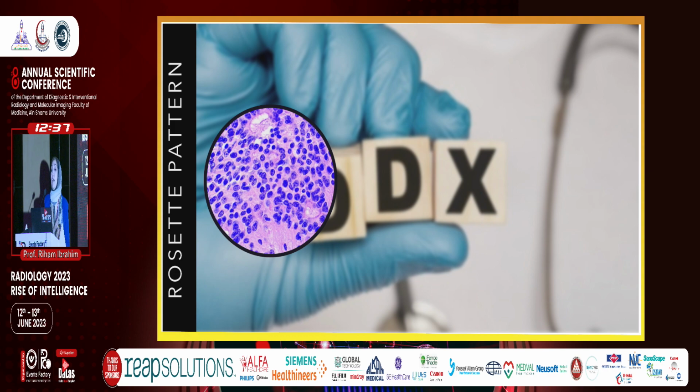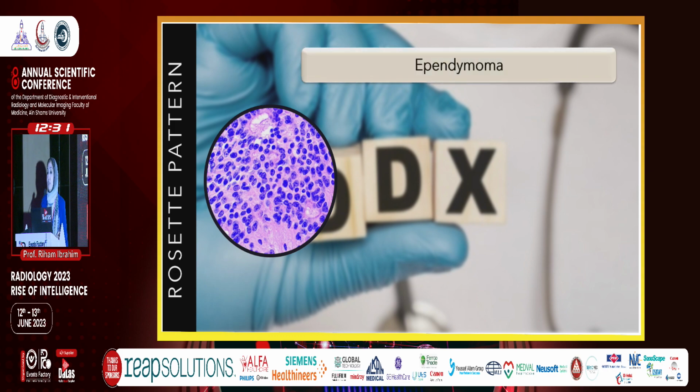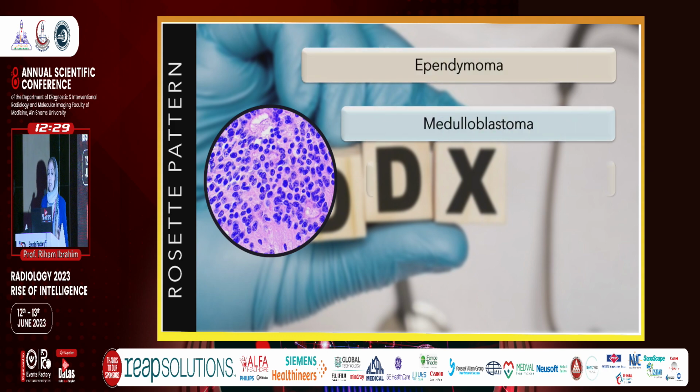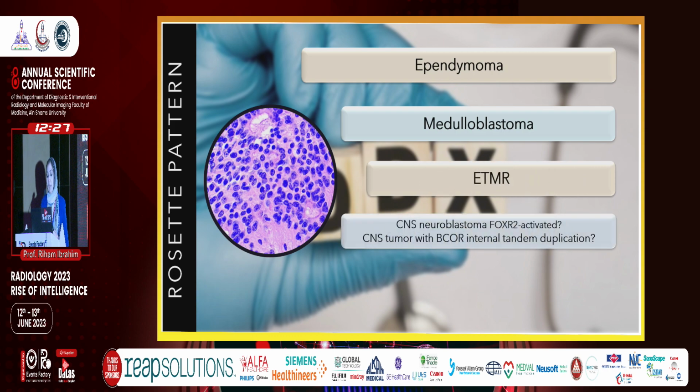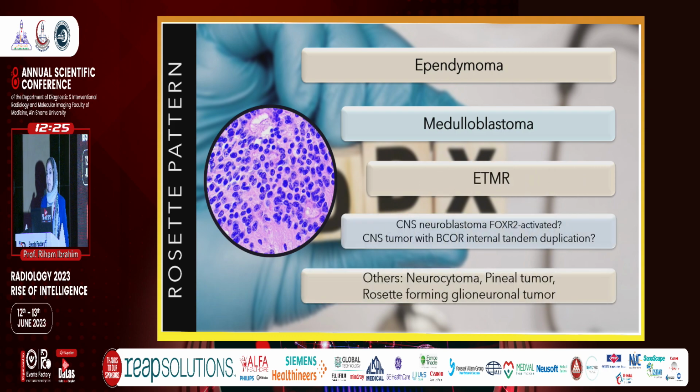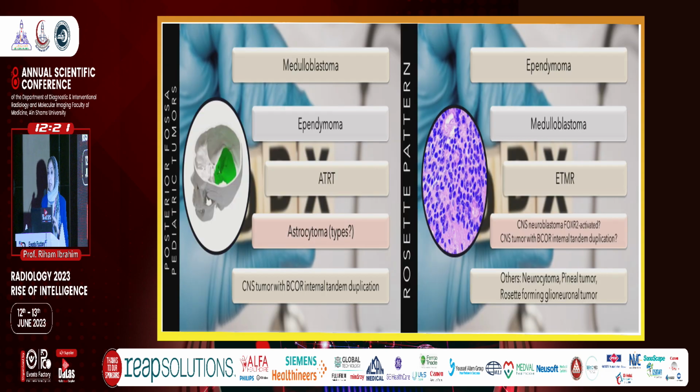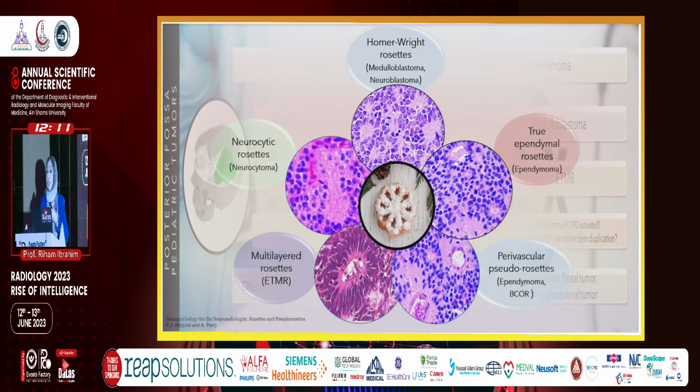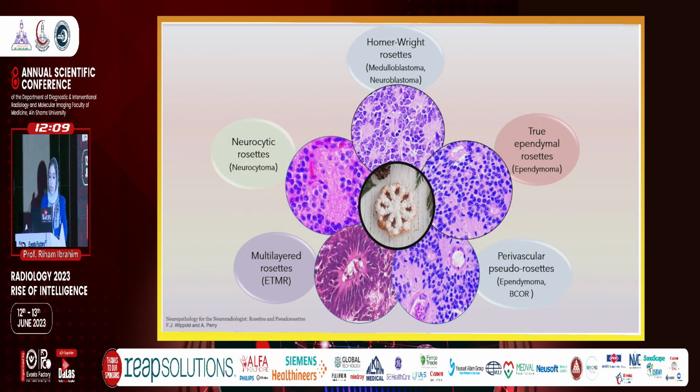If I look at it from the other side, from the side of pathology, I will find the rosettes. If I find rosettes, this may be an ependymoma, maybe medulloblastoma, maybe ATRT, maybe also neuroblastoma or BCOR-mutant tumor, or other tumors that are irrelevant to the tumor site. So what we actually do is combine both together. We combine the location, the age, and the histology so that we can move to our next step of validation of what we see.